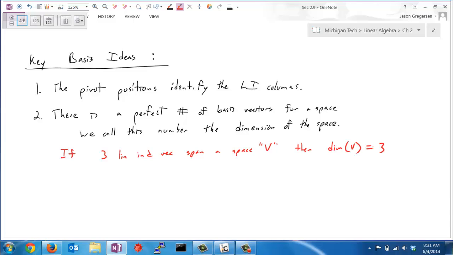What are the dimensions of R3? How many vectors do I need in a basis for R3? 3. What's the dimension of R2? 2.